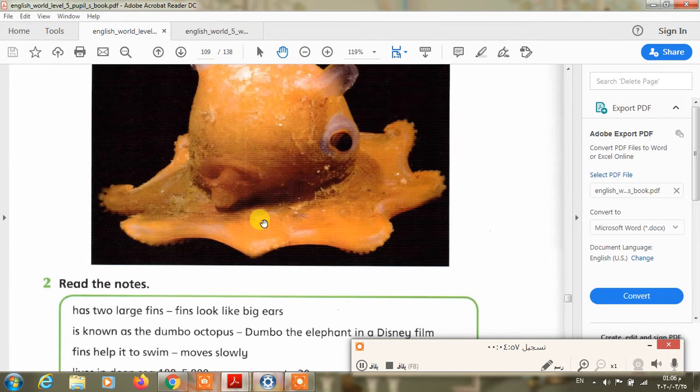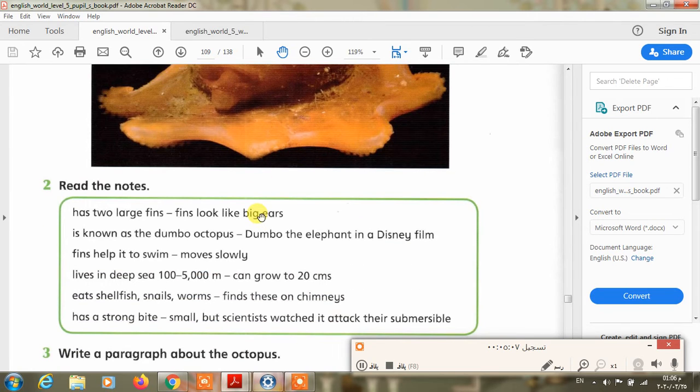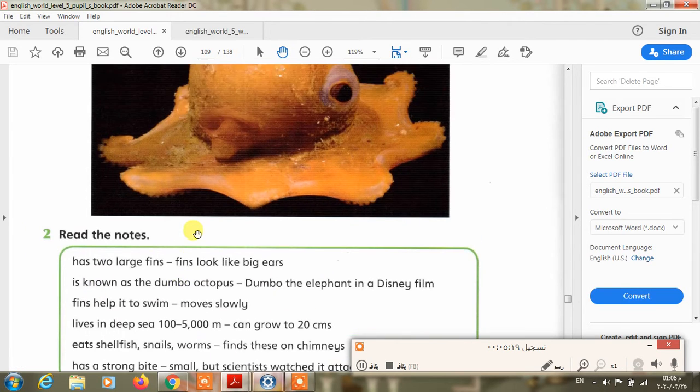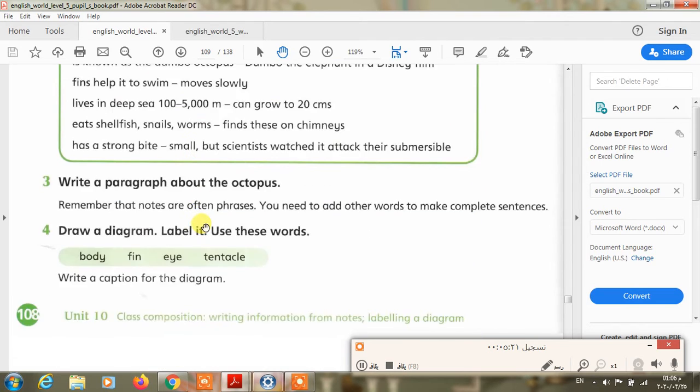The Dumbo octopus is a small animal, but scientists watched one Dumbo octopus attack their submersible. All I did was add some words to have complete sentences. Use these phrases, these notes, this information about the Dumbo octopus.